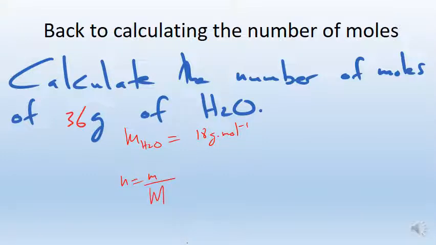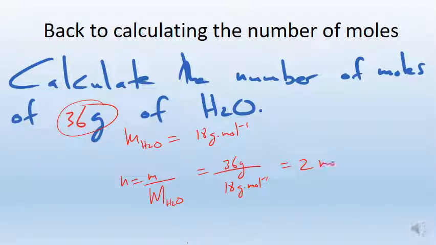In this case, it's water, so it'll be the molecular mass of water. Mass is 36 grams. That's given. And this is 18 grams per mole. 36 over 18. Do not use your calculators. That's going to give you 2 moles. That's your final answer. So 36 grams of water is equivalent to 2 moles of water.